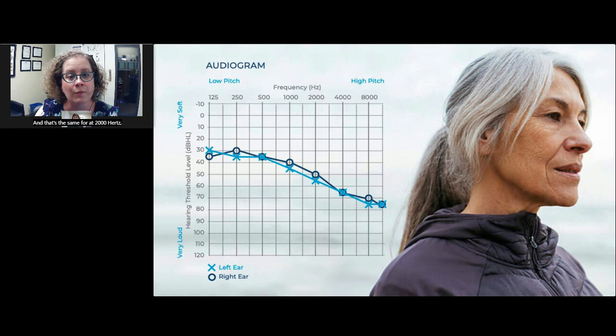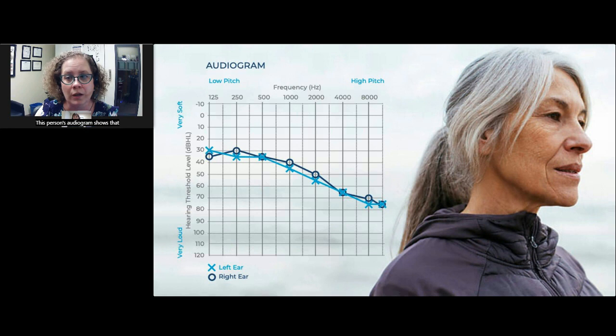And that's the same at 2000 hertz, which is a key speech frequency for us in terms of clarity and understanding of speech. If your softest threshold is at 50 decibels, that means that any sound below 50 decibels, like at 40 or 30 or 20, your brain will not be able to hear those sounds. And that is why you have difficulty with understanding speech.